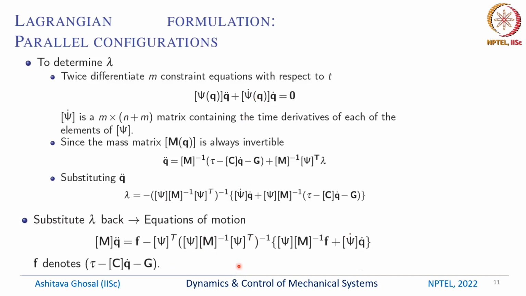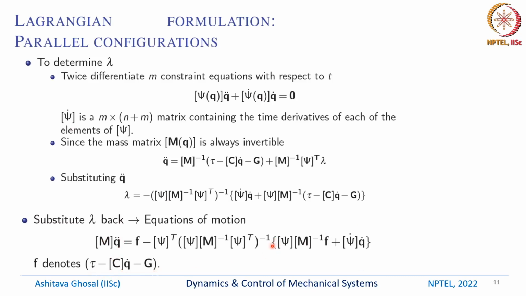Intuitively you can see that if we did not have loop closure equations, if it was a serial chain, we wouldn't have to bother about these Lagrange multipliers or this constraint matrix, then this part would not be there. You would be left with m q double dot as tau minus c q dot minus g, which is the same as what we obtained for the serial chain.